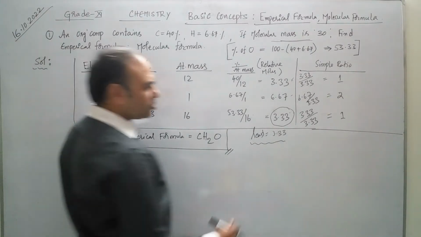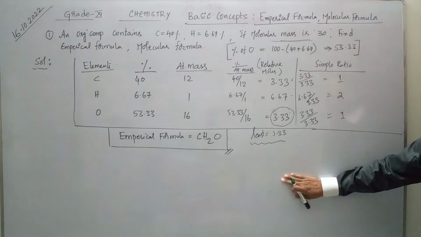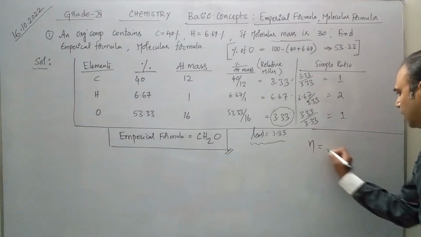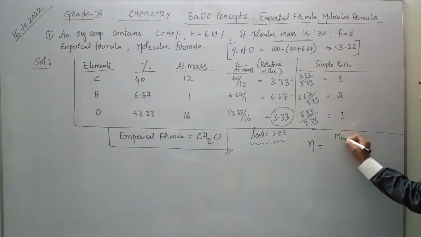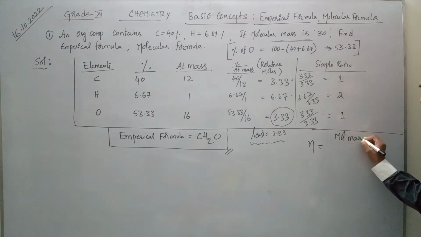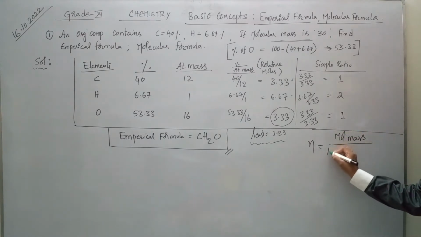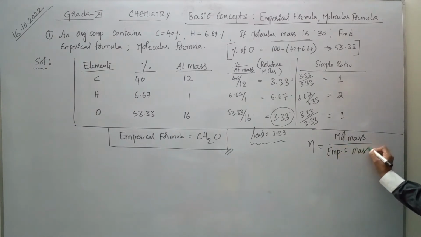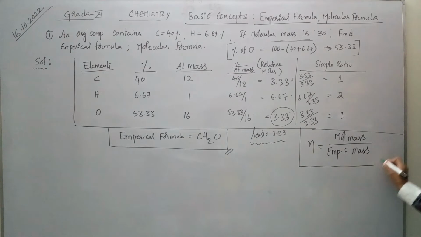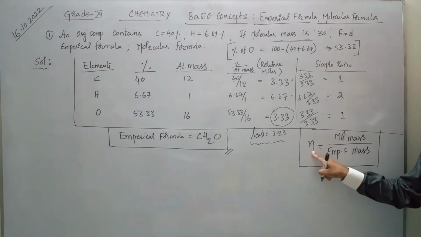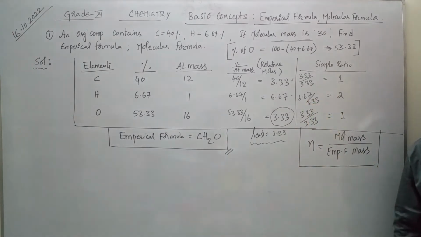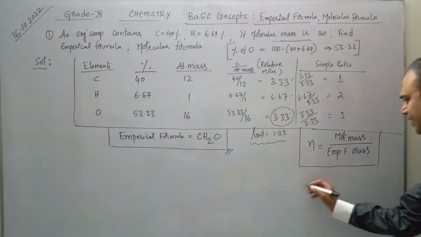So first and foremost thing is, let us list out the formula that we will apply. Number 1, to get N, we will find it as the molecular mass divided by empirical formula mass. So this is the formula which should be used to find out N, where N is a common factor, what you have seen in the example of glucose. Next step.